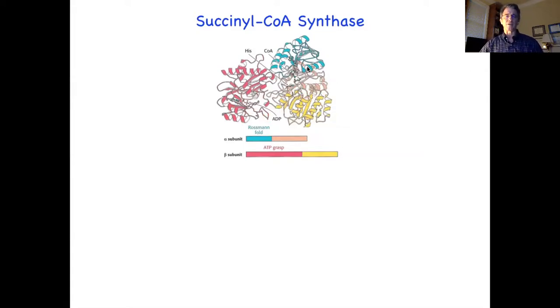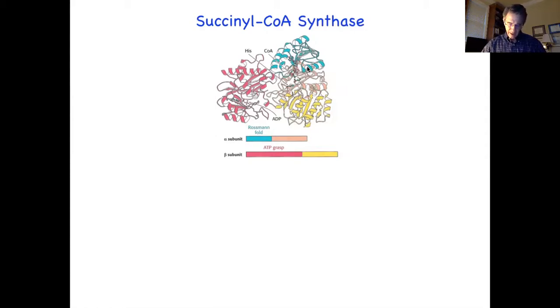You'll notice there's a domain you've seen before, the so-called Rossmann fold, except this isn't a dehydrogenase enzyme. The Rossmann fold crops up really frequently in dehydrogenase enzymes. Here's an example of a protein using a Rossmann fold, but it's not a dehydrogenase enzyme. Instead, what it's using that Rossmann fold for is as a way to recognize the adenine component of that CoA moiety that's on succinyl-CoA, and it's bound right up in here.